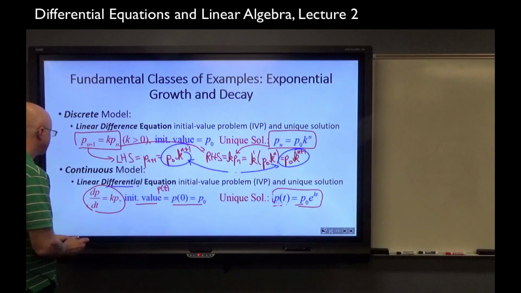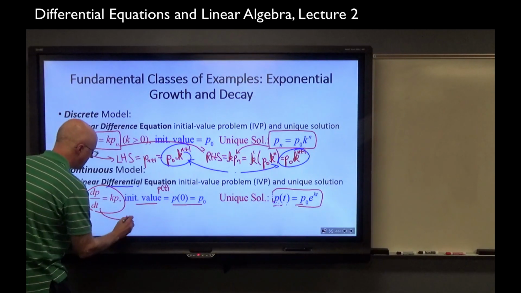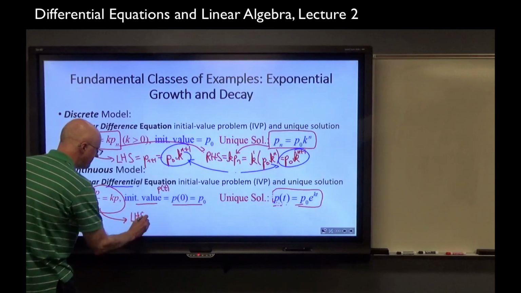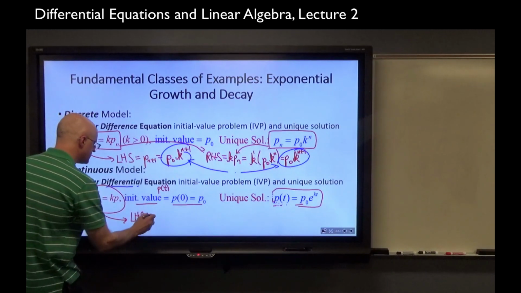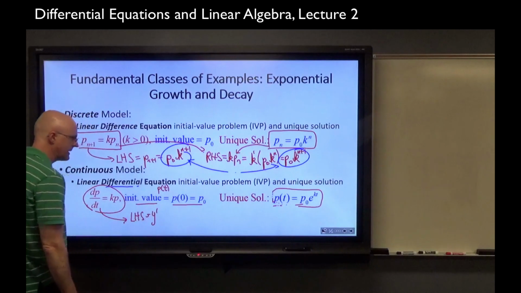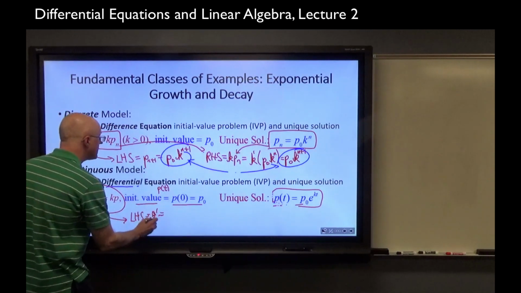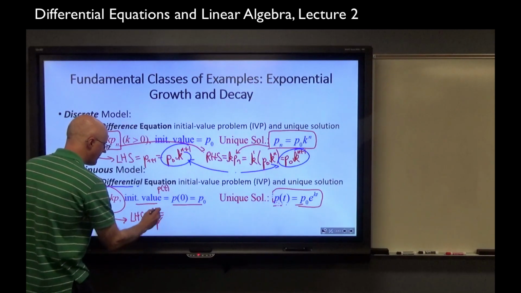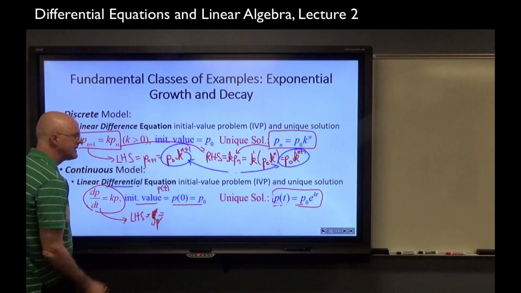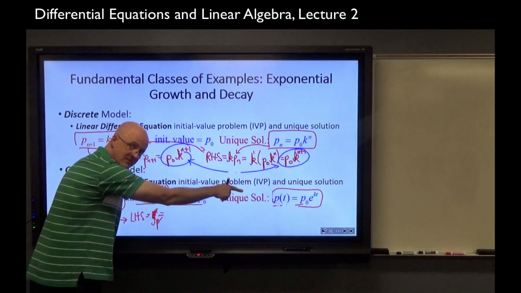How do you verify that this is a solution? Same kind of idea. Take the left-hand side, plug in the function. In other words, find its derivative. I'll just write P prime. Take the derivative for that function, not some other function.